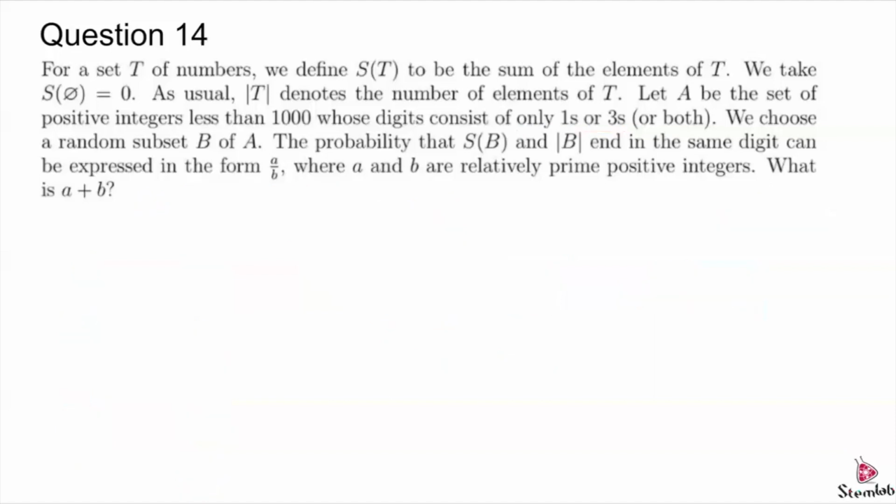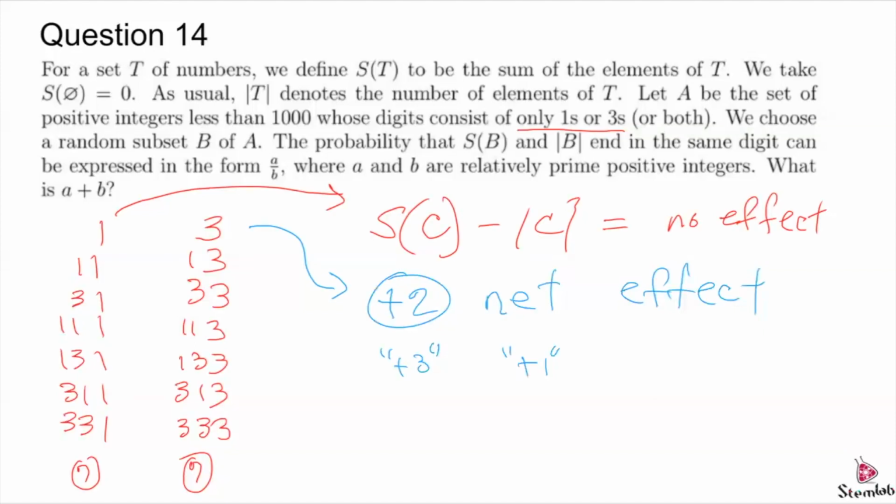So either we have no threes, or 5 threes, and we can intermix this with any number of elements that end in 1.